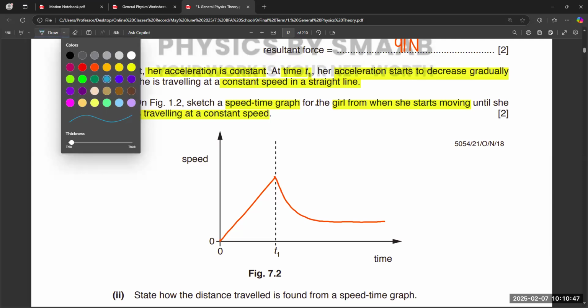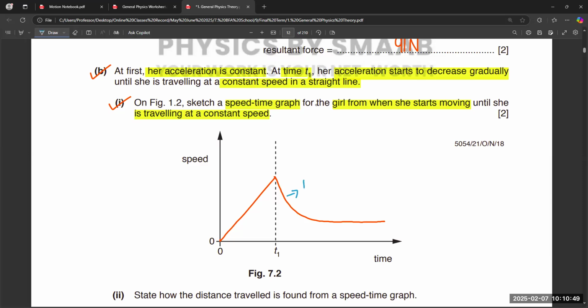So this is decreasing. This is constant acceleration. And finally, this part shows constant speed.